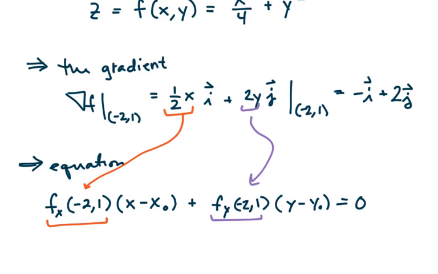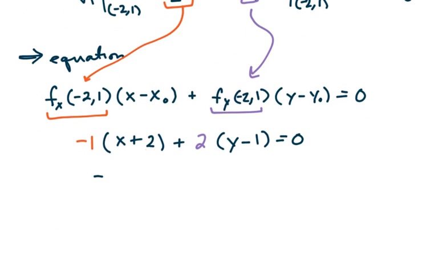So plugging -2, 1 into this, I get out -1. So I have -1 times x minus -2, which is going to be plus 2, plus, putting my -2, 1 in here, I've got positive 2 times y minus that positive 1 equals 0.